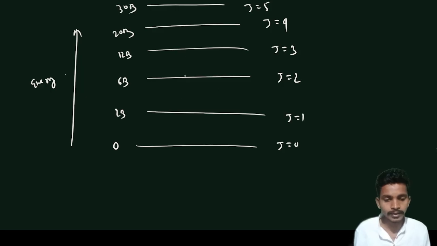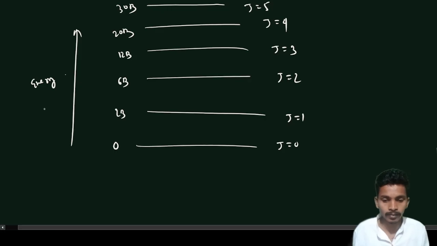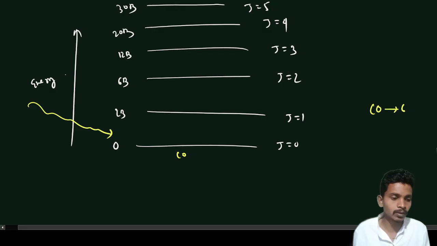So these energy levels look like this. Whenever you are giving electromagnetic radiation to this, then if the molecules are here, CO molecules, let's say I am writing a CO molecule at J equal to 0, here the CO molecule is like this. So this molecule will shift to the higher energy level.